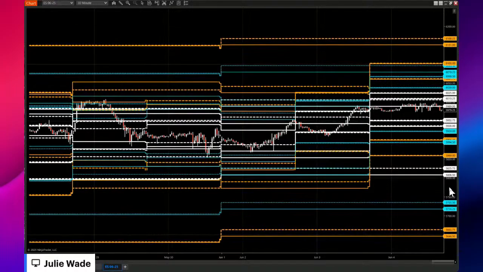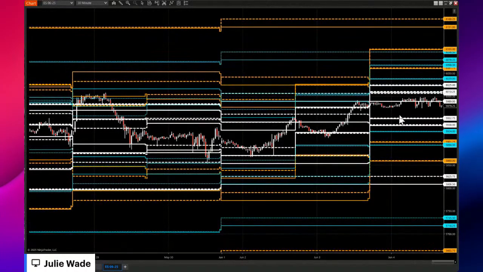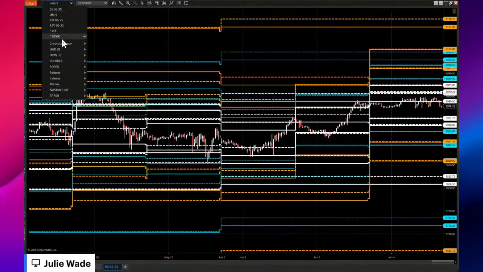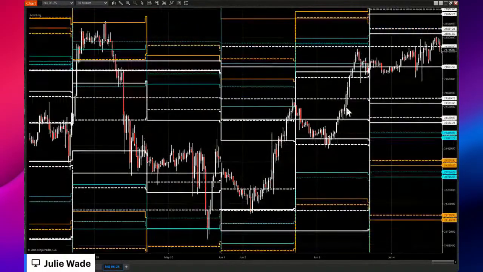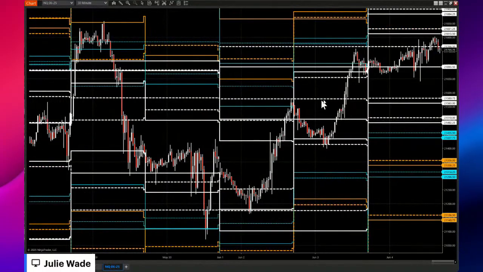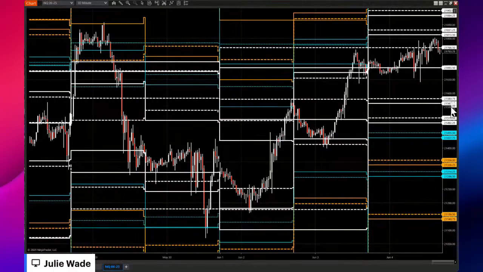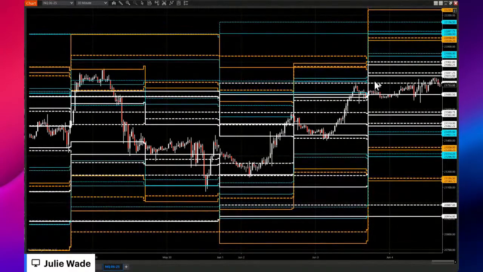And you can compare the ES to the RTY or the NQ or any other market you want to. Where's my NQ? Let's just take a look at NQ real quick. So you can see that the NQ is also within its 1, 2, and 4.